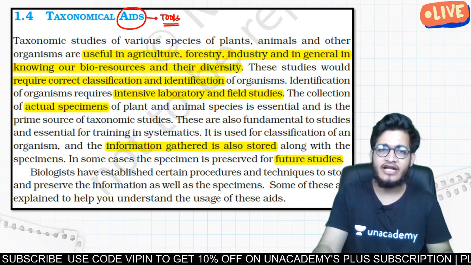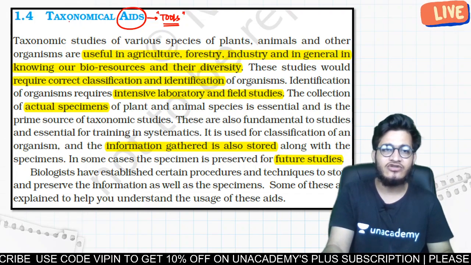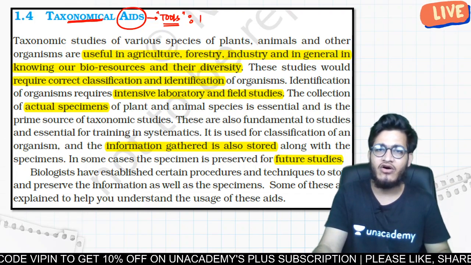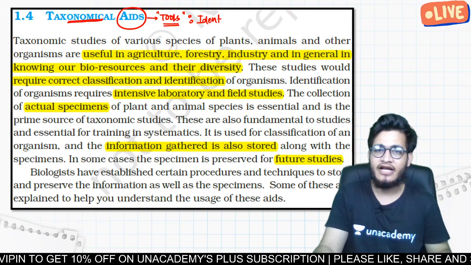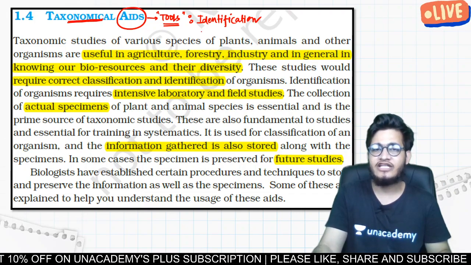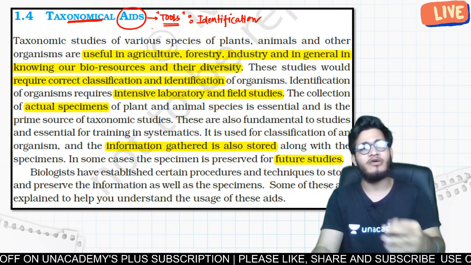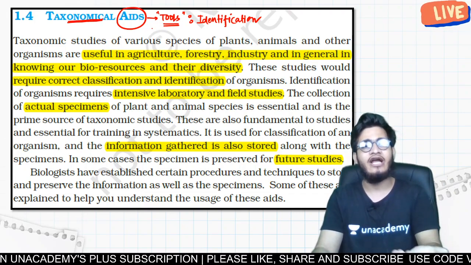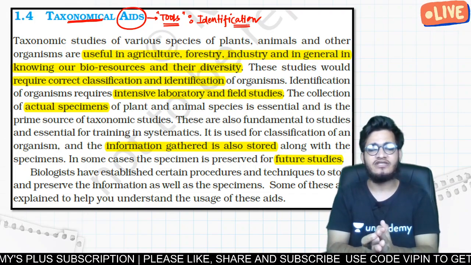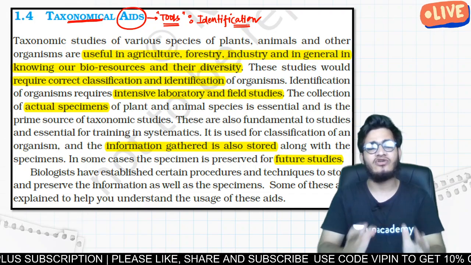These are tools that help in understanding taxonomical hierarchy better, or are helpful in identification of a variety of species. And identification is a very important part of taxonomy. That's why these tools are called taxonomical aids, as they are very helpful in the identification process of different kinds of species. So this is the basics of taxonomical aids.